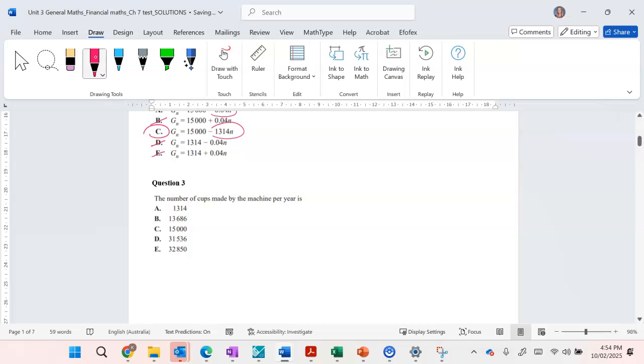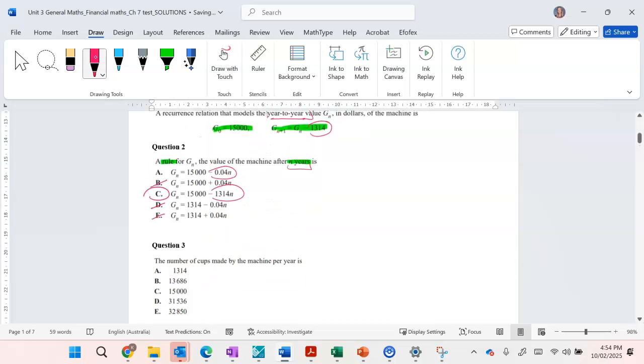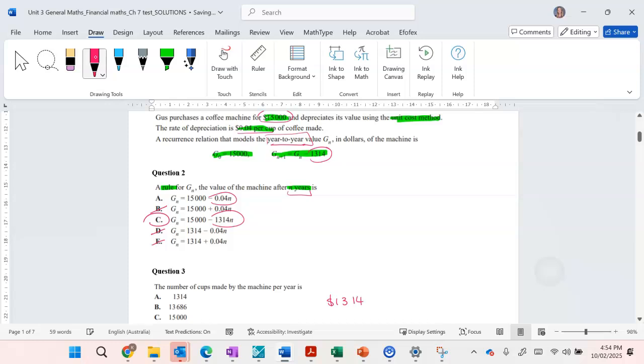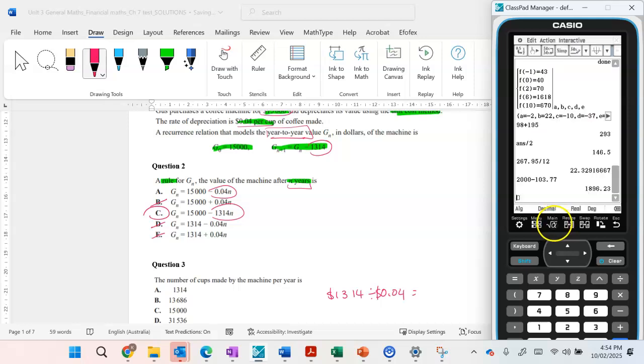The number of cups made by the machine each year is, all right, so we're depreciating by 1,314 and each cup is depreciating by 4 cents. So we're going to divide that by 0.04, and that should be in dollars too. Not that I need to write the dollars there, but just to make it make sense to you.